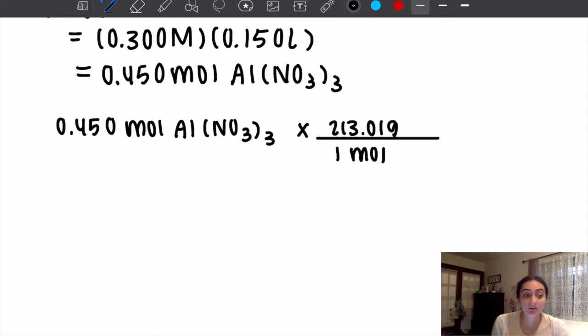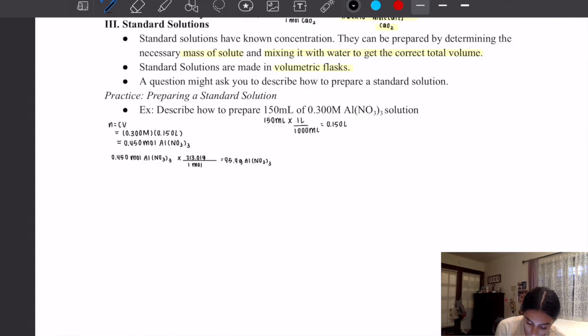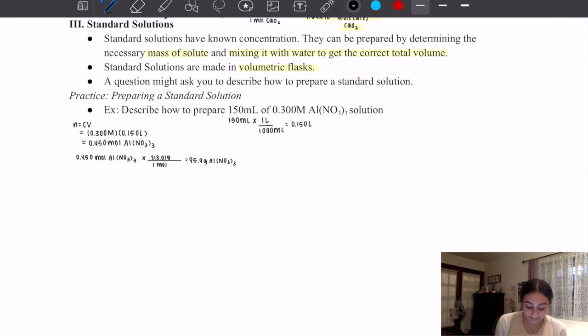And then I'm just going to multiply the number of moles I got by the molar mass. And that is going to give me a mass of 95.9 grams AlNO3.